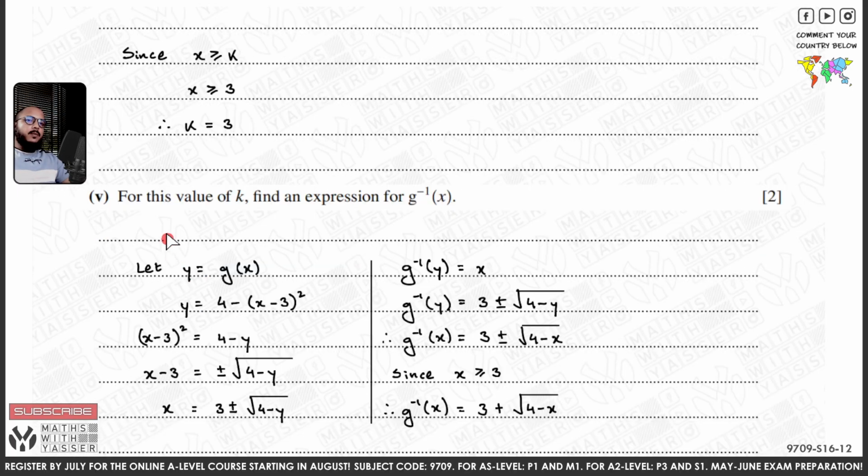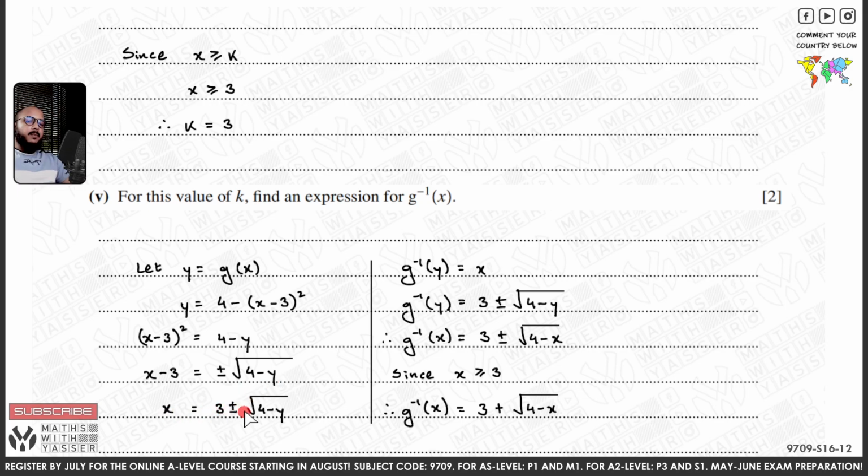In the next part of the question, for this value of k, find an expression for g inverse of x. So now let's consider y is g(x). So y will be 4 minus (x minus 3) whole squared. So (x minus 3) whole squared equals 4 minus y. So x minus 3 is plus or minus the square root of 4 minus y.